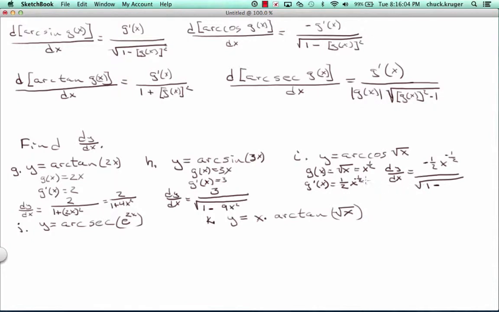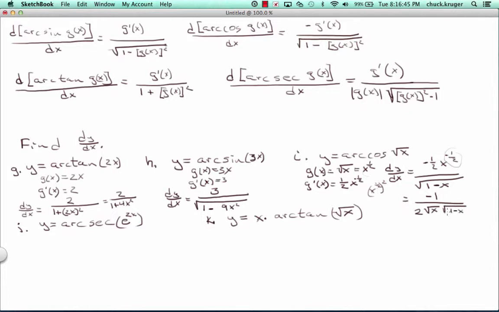of 1 minus, now what do I get when I square this? What do I get when I take x to the 1/2 and square it? Well, I can multiply those exponents if I choose, and I'm just going to get x. So I can simplify this a little bit. A negative 1/2 can be written as a negative 1 over 2, and x to the negative 1/2 power I'm going to write as the square root of x in the denominator, times the square root of 1 minus x.